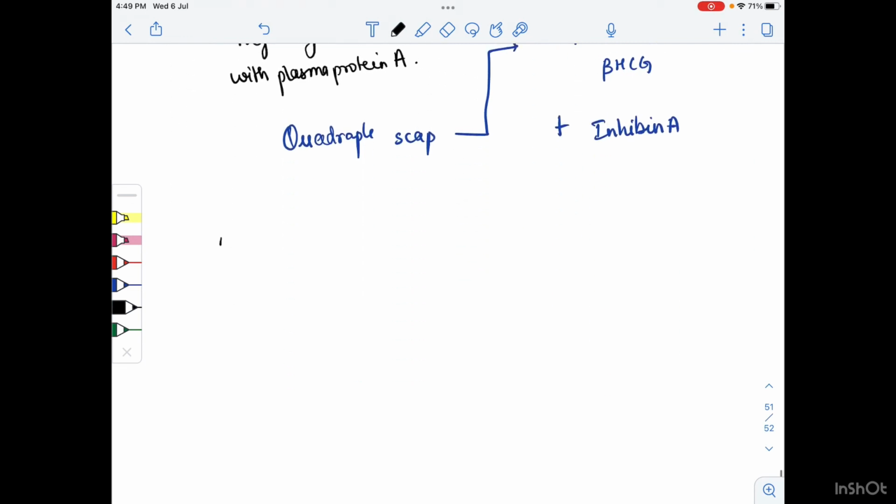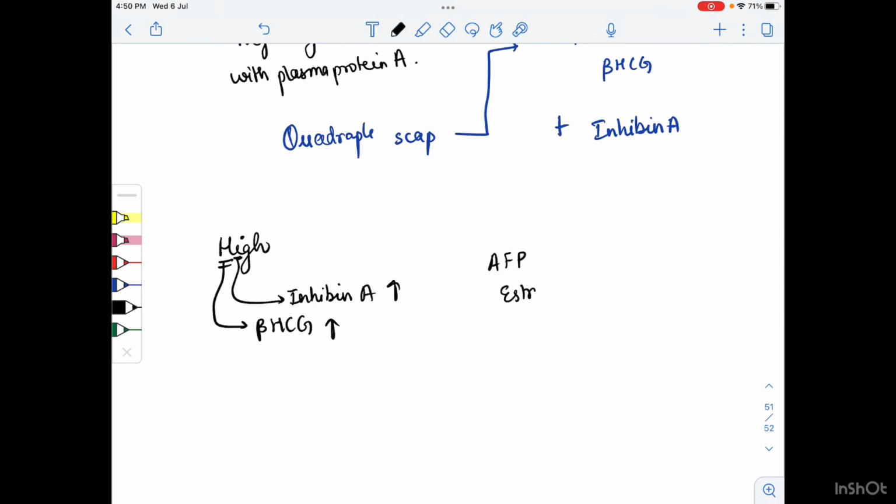High means increase: H for beta HCG level and I for inhibin A. So these two levels will increase in Down syndrome and all others will decrease, like alpha fetoprotein and estriol. So this is for Down syndrome.